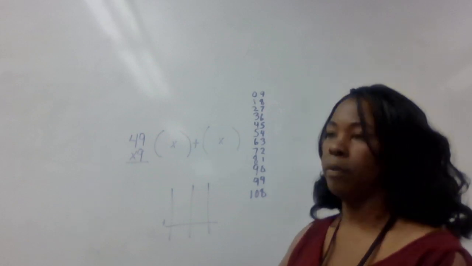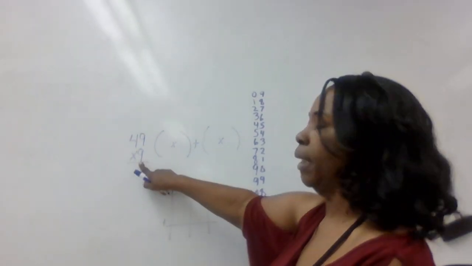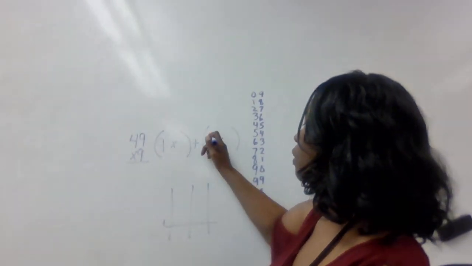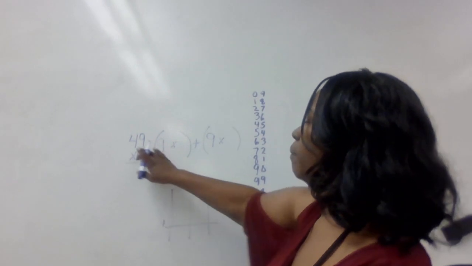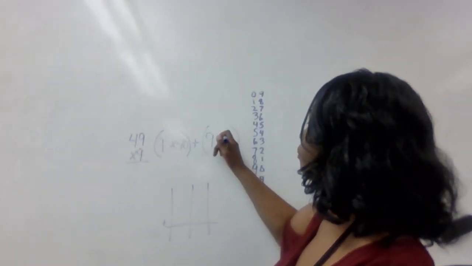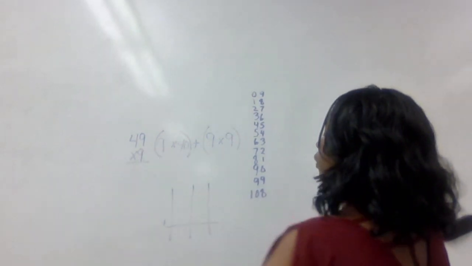Okay, so this time I'm going to start with the distributive property. So I know I'm multiplying by 9 because that's the number beside the multiplication sign. So here's the factor of 9 times 40 and 9. That's the expanded form of 49.